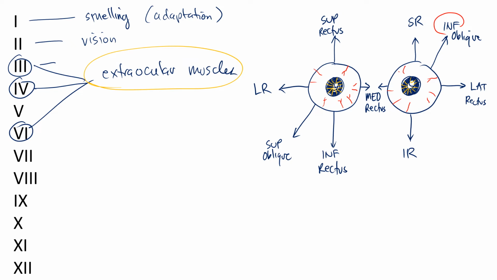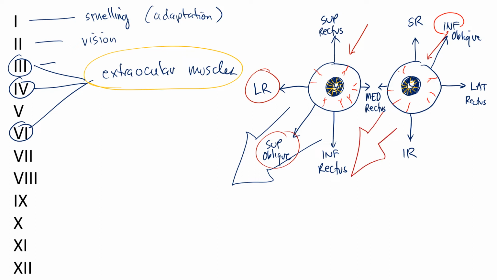So if you want to look down and to the side, what muscles contract? Your lateral rectus and superior oblique on this eye. How about on this eye? Your medial rectus and inferior rectus. If you look at your extraocular eye movements, it's not so hard if you draw.